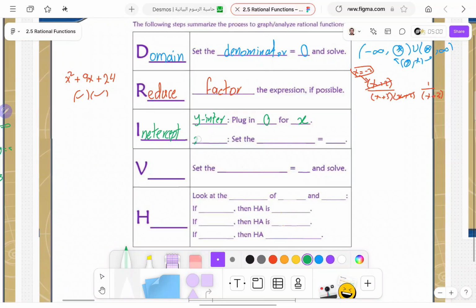To find the x-intercept, set y equal to 0, or you can say set f of x equal to 0.